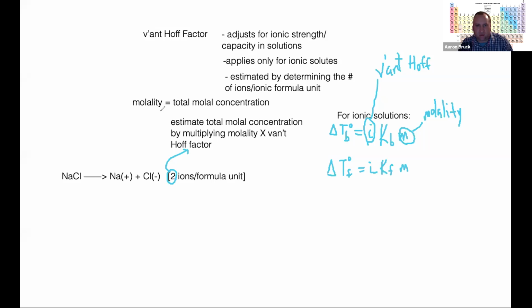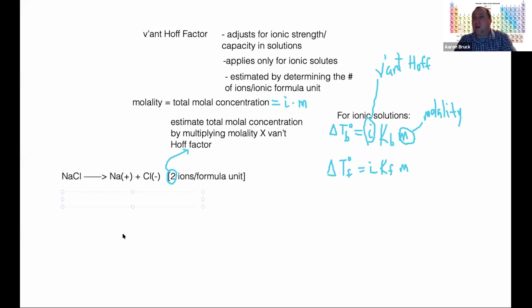And so total molar concentration we can estimate as I times molality. And so let's just do a couple of examples of this just to get used to using this.